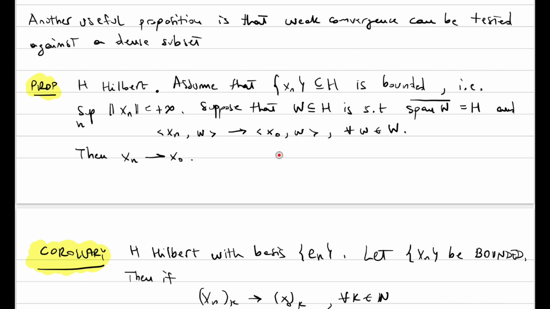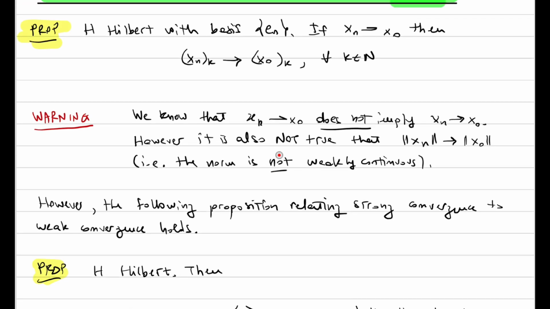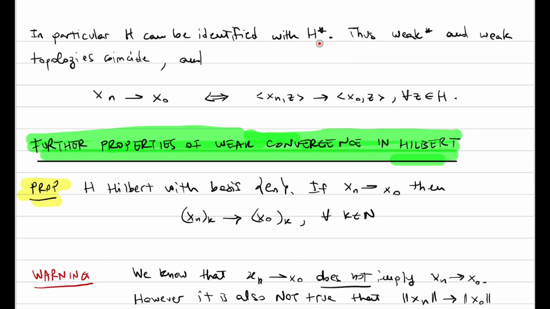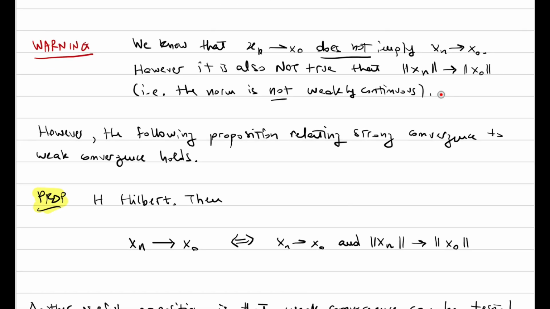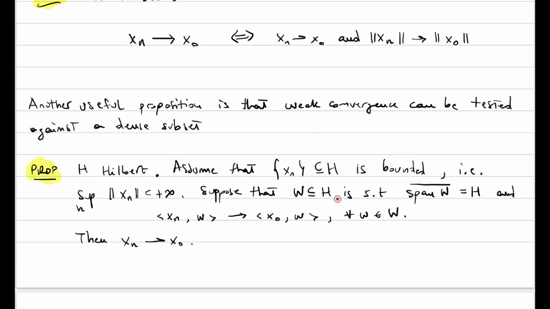Basically here we were saying that since the Hilbert space H can be identified with its dual, weak convergence is equivalent to testing this convergence on each element of H. In this proposition we are saying that there is something better: if you have a subset whose span is dense in H, and you are supposing that the sequence is uniformly bounded, then it is sufficient to check convergence against only the elements of W to ensure weak convergence.